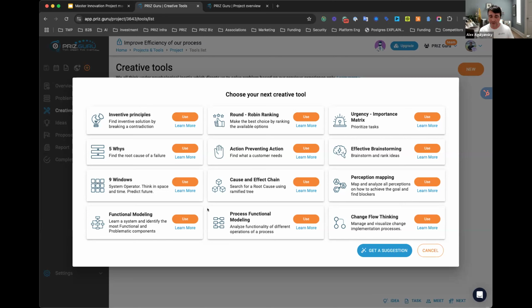These tools are very similar in concept, but process functional modeling focuses on high-level process analysis, whereas the functional model focuses on a particular step in the process or one system. And change flow thinking is to understand the risk in the changes and how we reduce them. So it's again exploring what happens if we implement a particular change, what's going to happen after that.